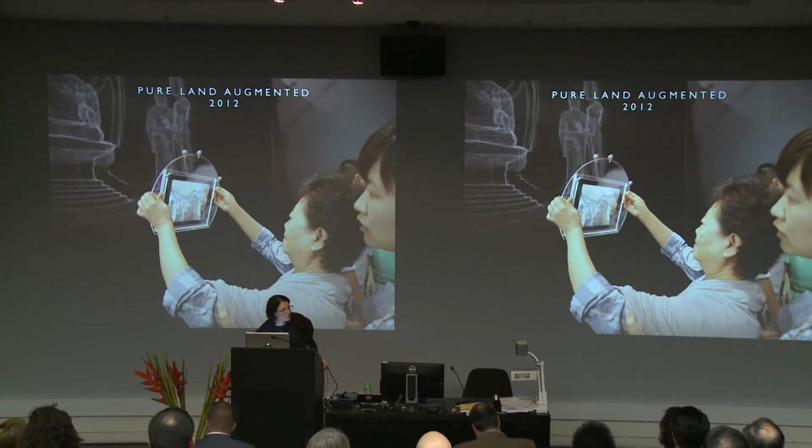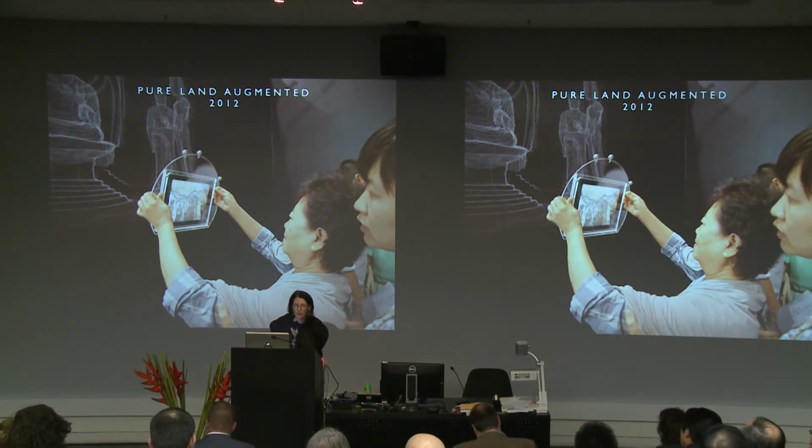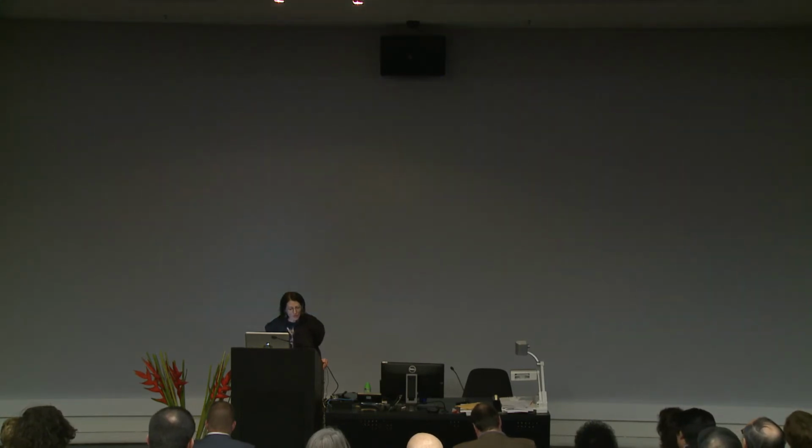So then we took the same data set and remodeled it in the augmented work. Has everyone seen that work? Anybody not seen that work here? Okay, it's in the room next door, so I recommend that you go there after this in the breakout session. So it uses camera tracking and augmented reality.